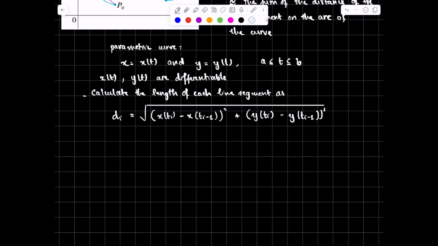To approximate the arc length, we're going to add up the length of all the line segments.